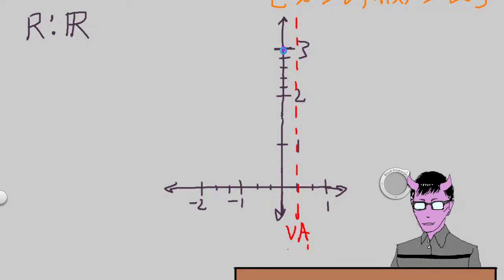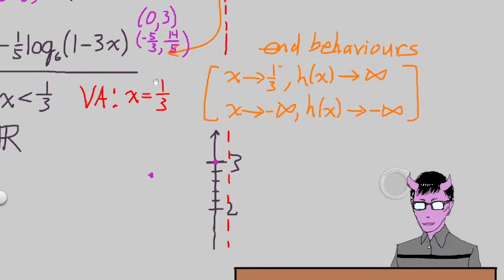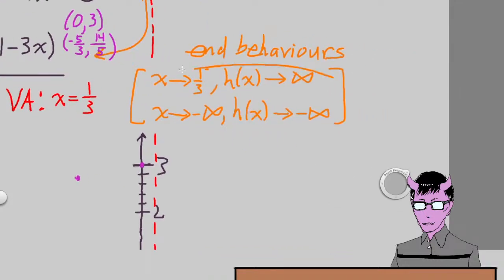So here's 3, we're 1 hash mark below it, so here-ish. We have the anchoring points, and now let's just reconcile those with the end behaviors.